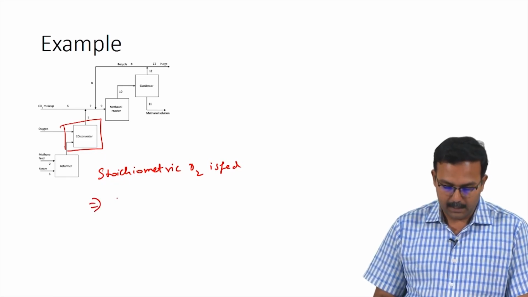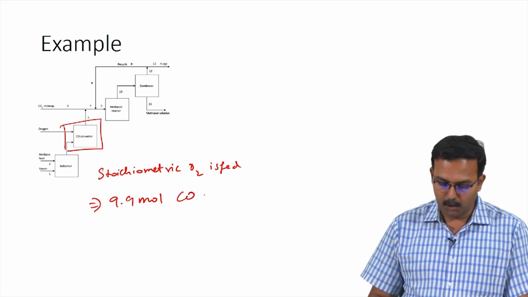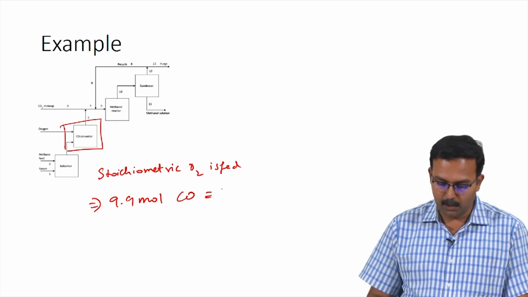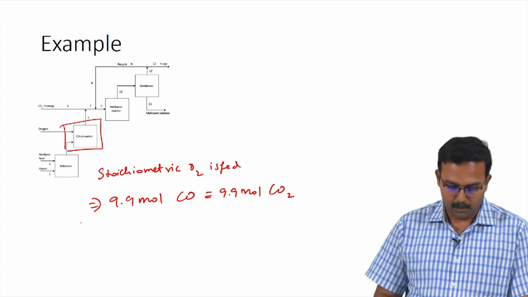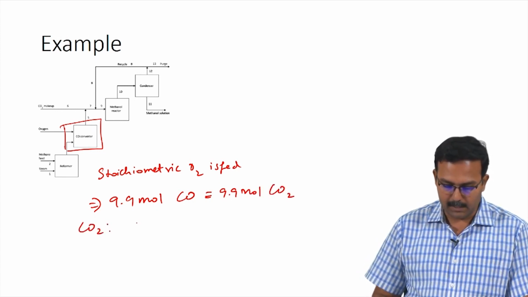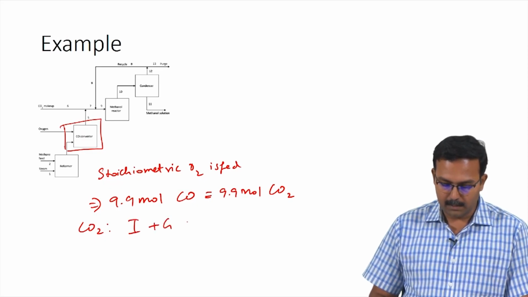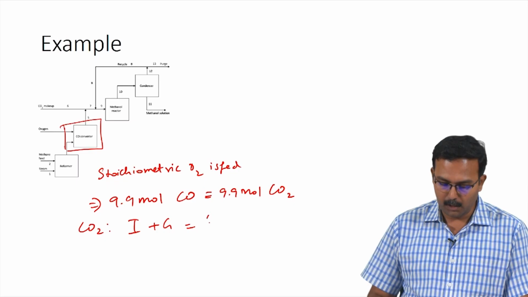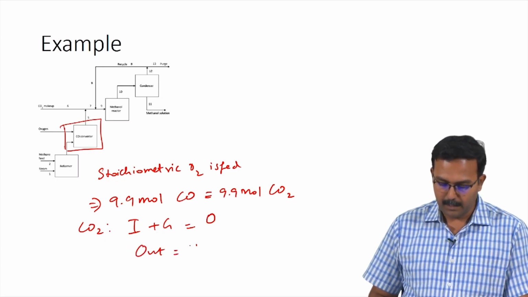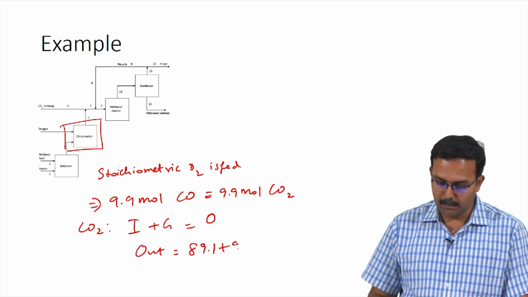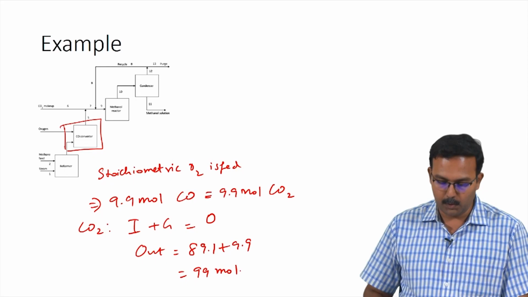This implies the 9.9 moles of carbon monoxide gets converted to form 9.9 moles of carbon dioxide. So, if we were to write a carbon dioxide balance, we would have input plus generation equal to output. So, the output would be 89.1 plus 9.9 giving you 99 moles of CO2 leaving.